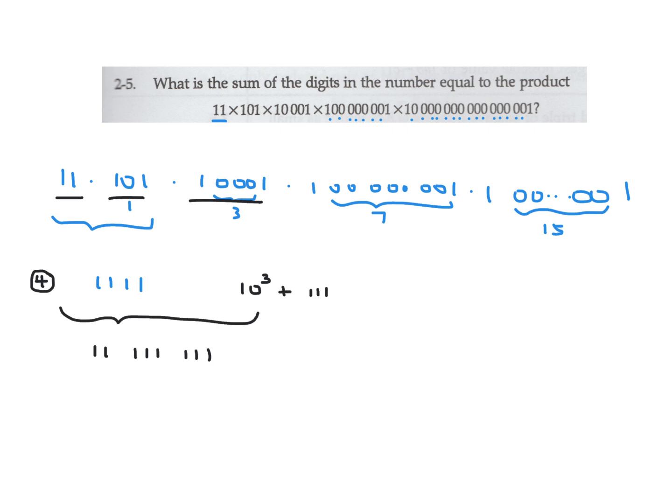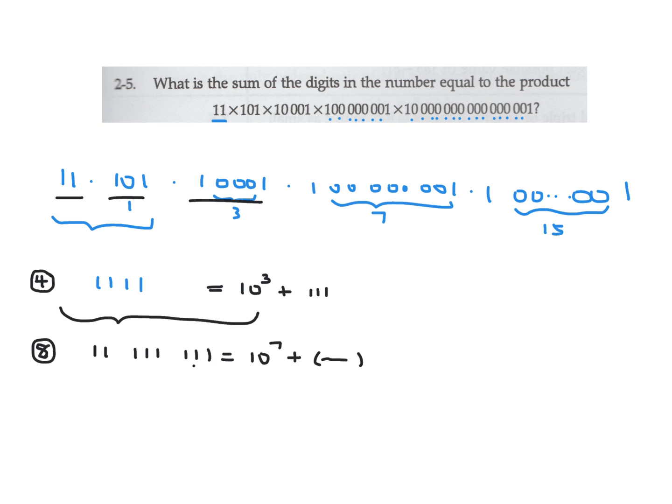Let's first count the number of ones. That's 8. And this is 10 to the power of 7 plus a bunch of stuff, plus a bunch of ones. And then I'll just put that in brackets.